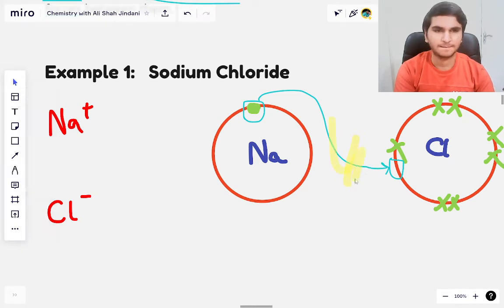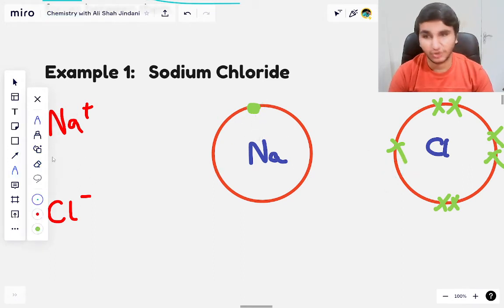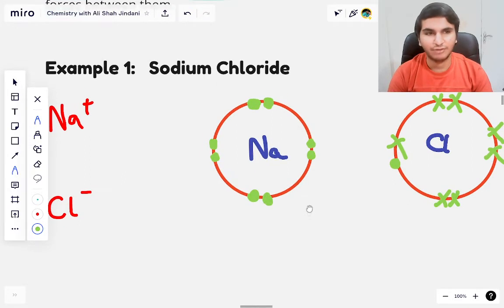So after the bonding is complete, we get this electron over here, and remember we take the last shell electrons. So now chlorine has how many electrons in the last shell? It has 8 electrons in its outermost shell.